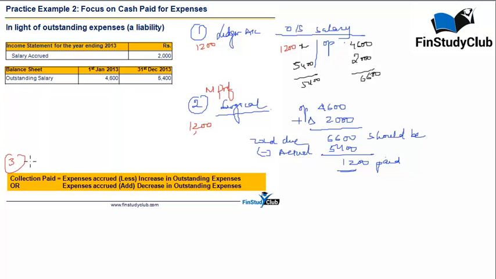And the third method, which, like I said, is not so preferable: the expense accrued is 2000. There is an increase in the outstanding expense, so I have to put a negative sign, and the increase is by 800. You have to understand that an increase is to be subtracted and a decrease is to be added.